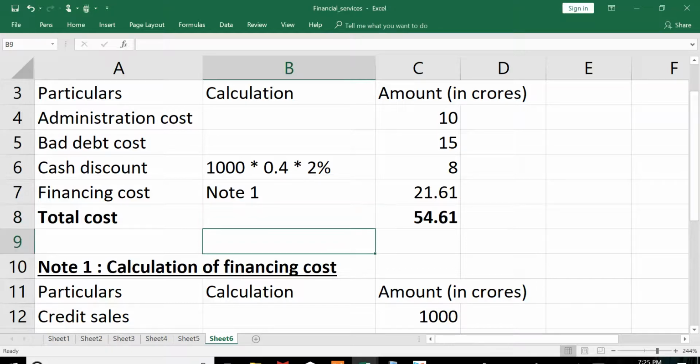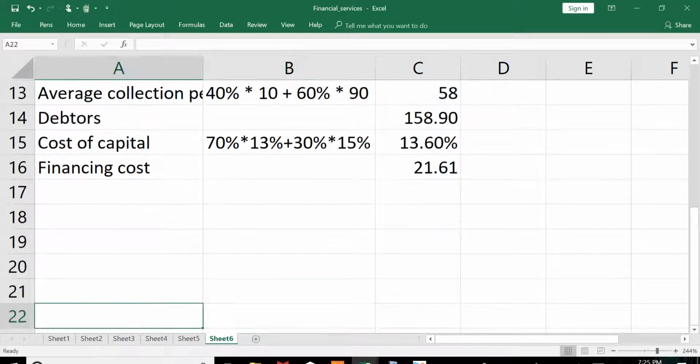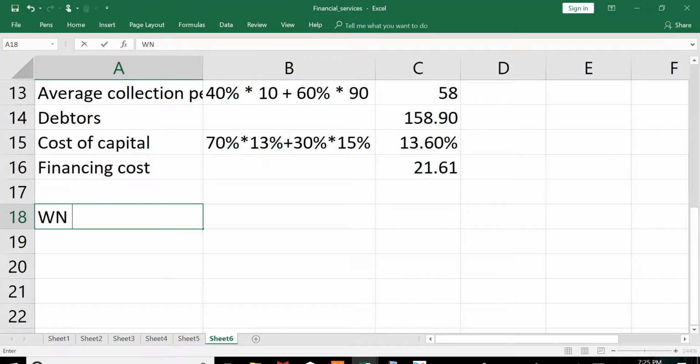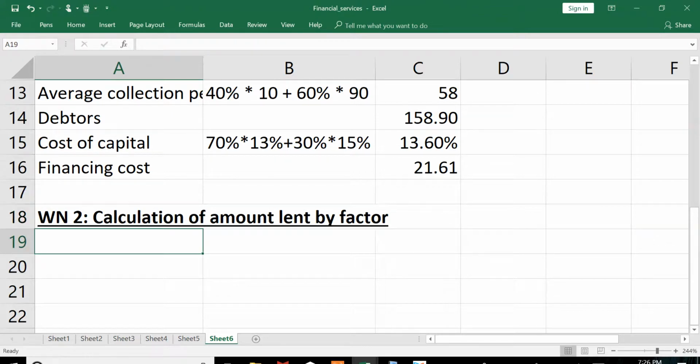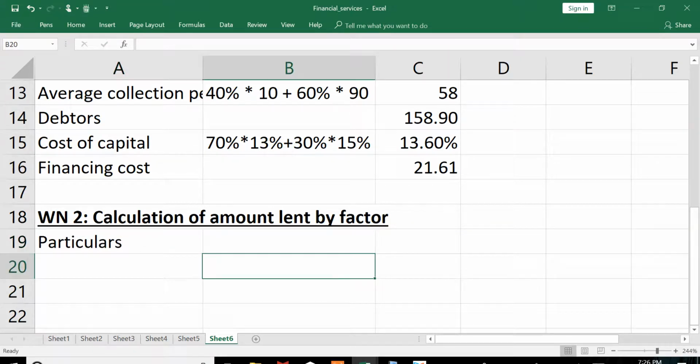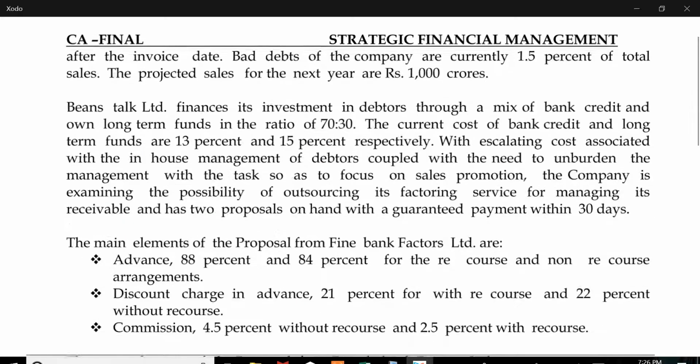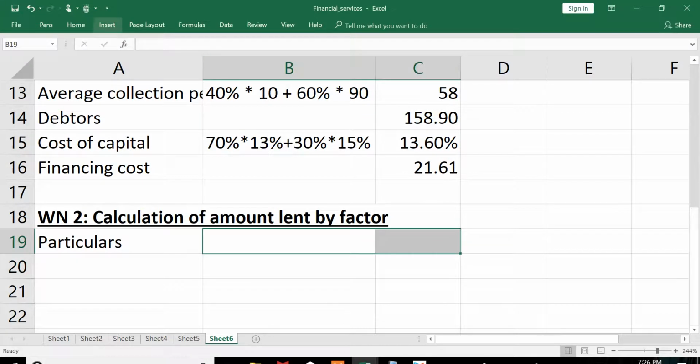So, working note 2, calculation of amount lent by factor. Particulars and 4 columns, the 2 proposals, with recourse and without recourse, for both the banks. Particulars, you have fine bank and rough bank.